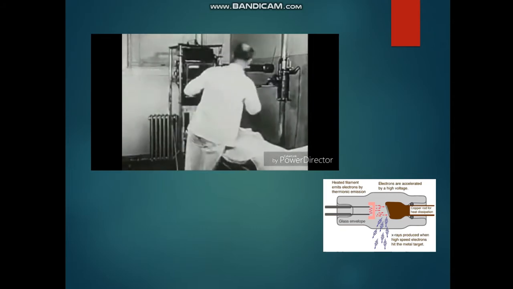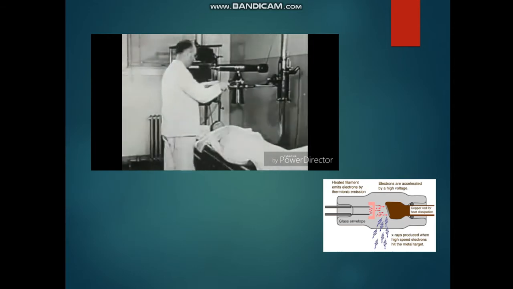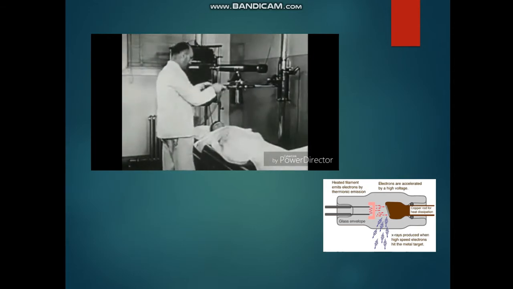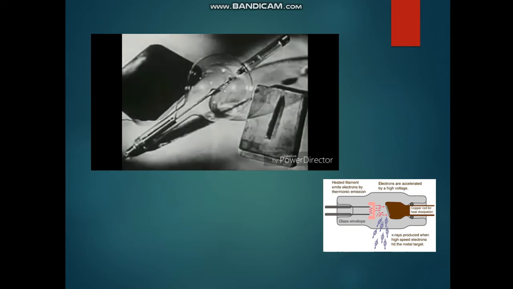X-rays are produced when the electrons are suddenly decelerated upon collision with the metal target. These X-rays are commonly called Bremsstrahlung or braking radiation.